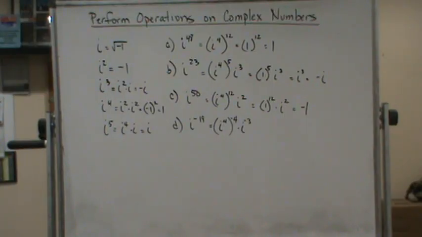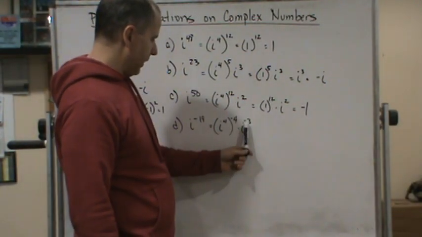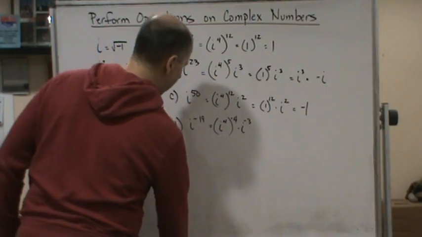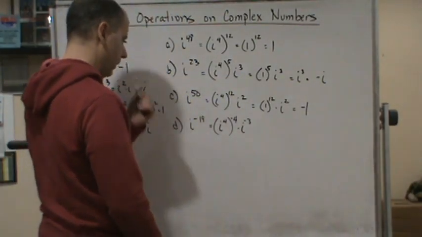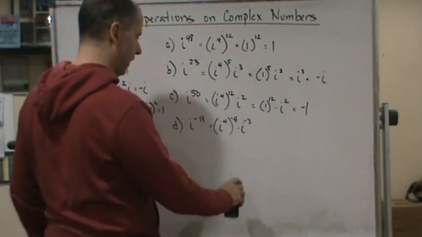But that's not the way we want to leave it, because we want positive exponents. We don't want negative 3. We could leave it here and deal with it later, but we haven't gotten to that yet.